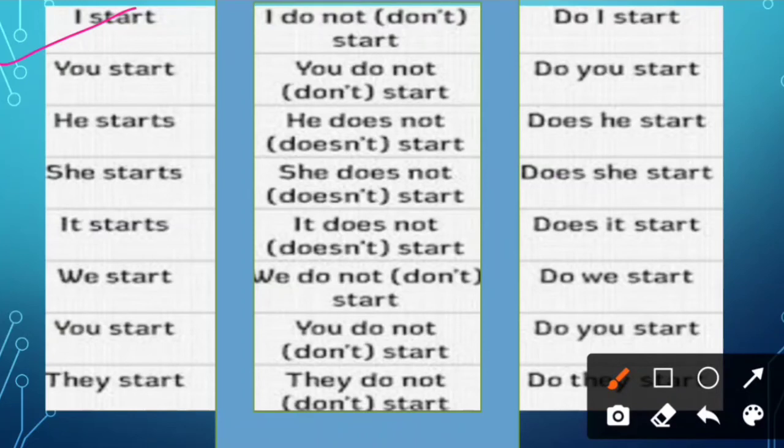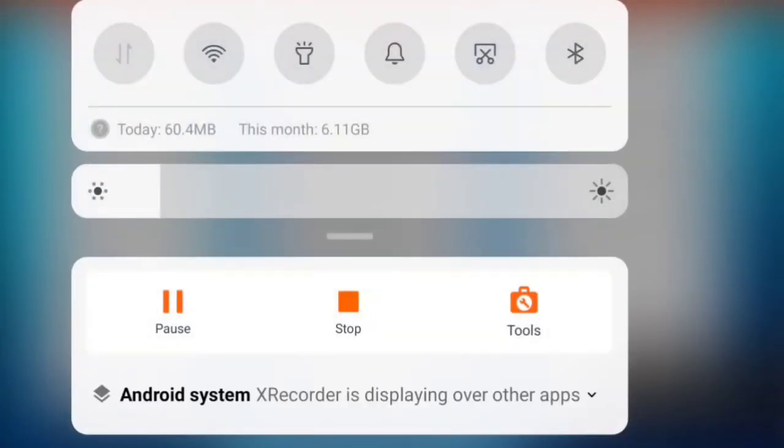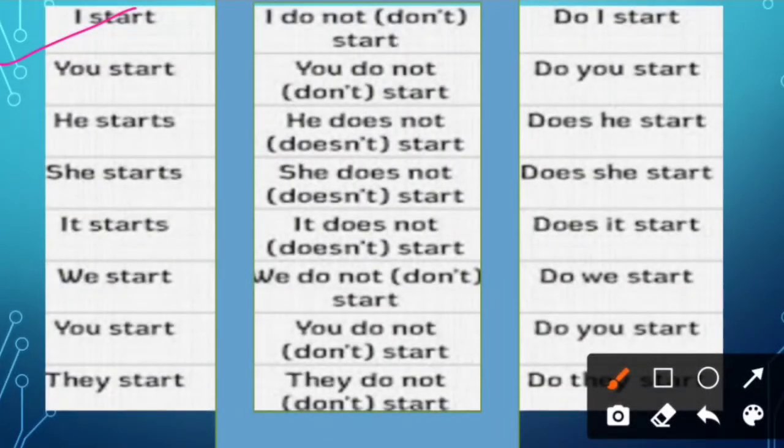Such words are generally the simple present tense. But here you can see, if we want to convert I start into a negative sentence, then we will have to add do not. I start, I do not start. You start, you do not start.